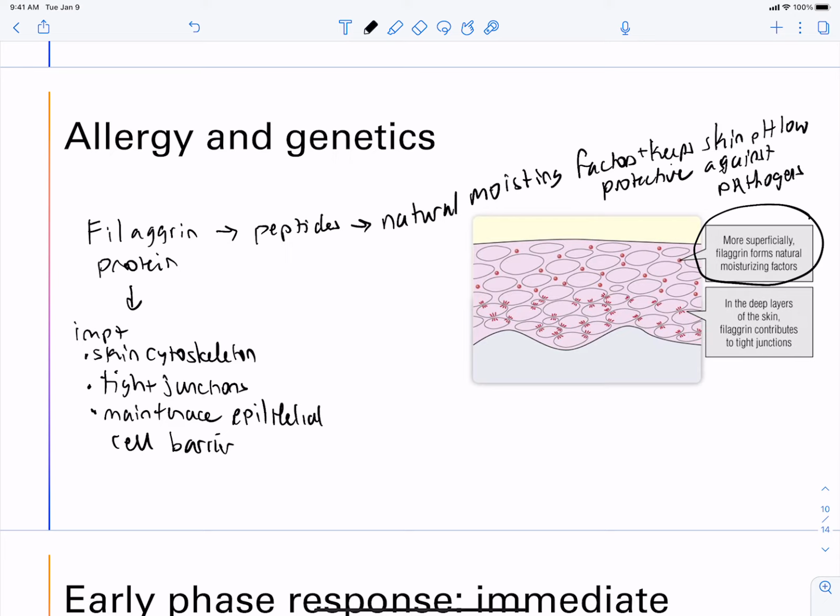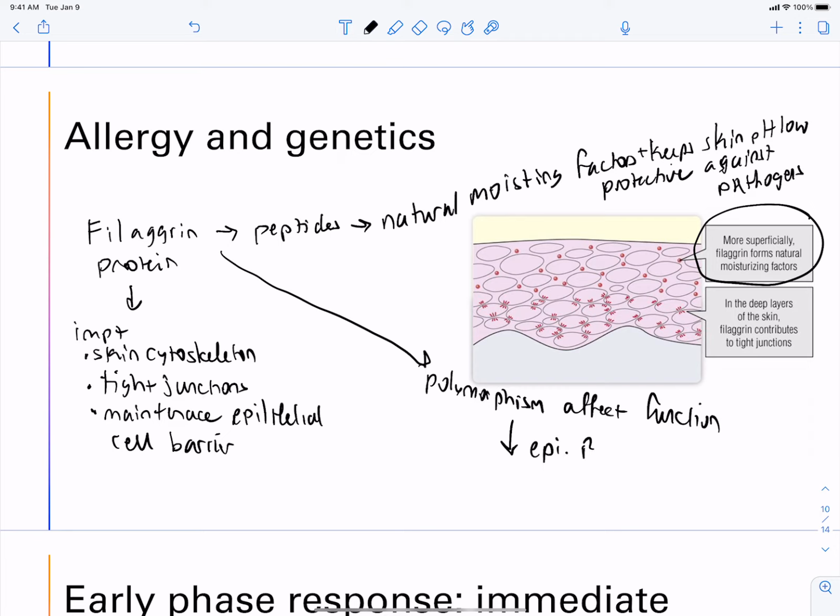Now the polymorphisms are going to affect the epithelial cell barrier. So the function of this protein can be affected, and it can decrease the epithelial barrier. And this is seen in about 50% of all severe eczema patients.